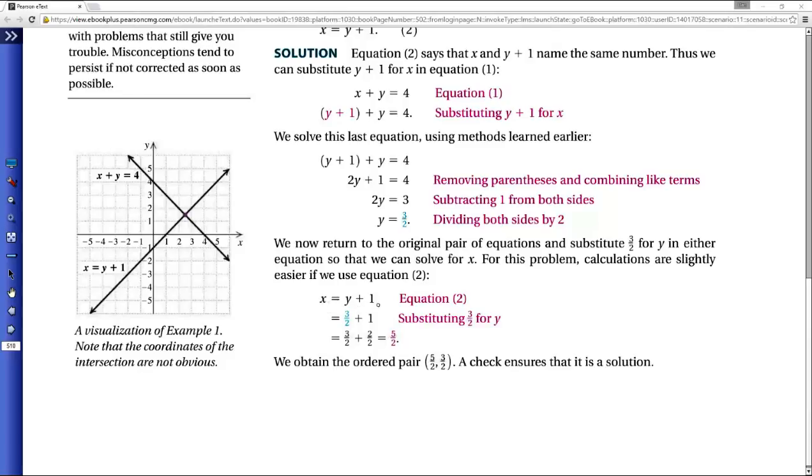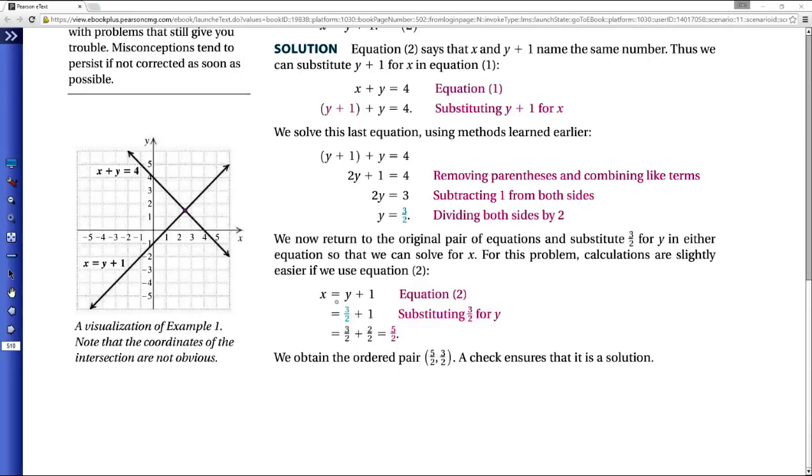x equals y plus 1. Well, we have a value for y, so let's substitute that in, and so we're trying to find out what x would be in this case where y is equal to 3/2. So we'd end up with x equals 5/2. So we end up with this ordered pair, 5/2 for x and 3/2 for y.